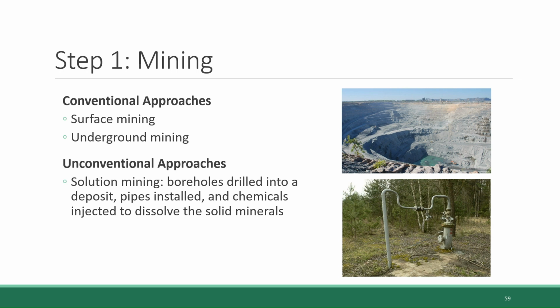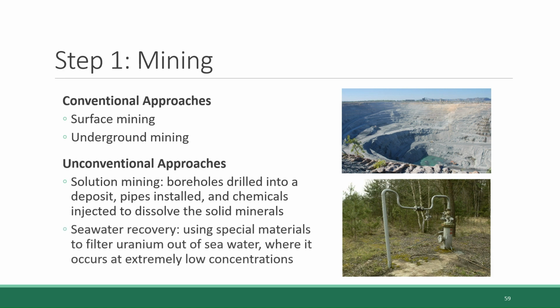In that lower photo, you can see one above ground component of a solution mine. So as you can imagine, these have less of a footprint in terms of ecosystem destruction on the surface. And then there's another interesting approach that isn't really well developed enough to work out at a production scale yet, but seawater recovery of uranium is also being researched.